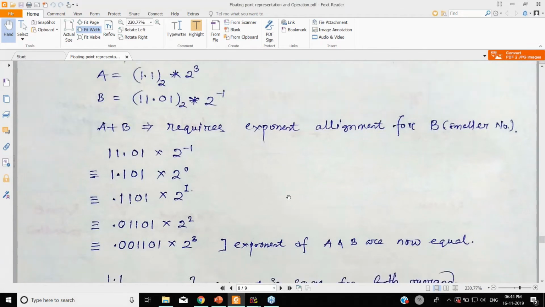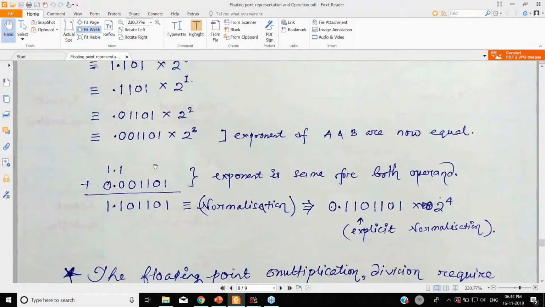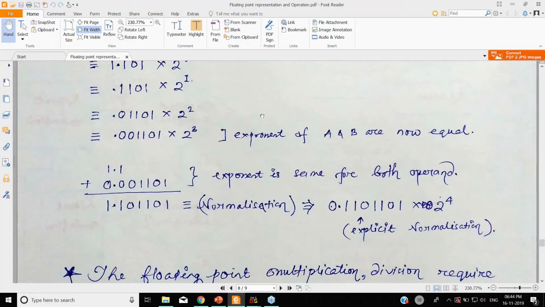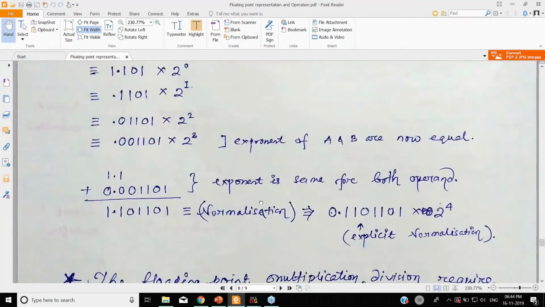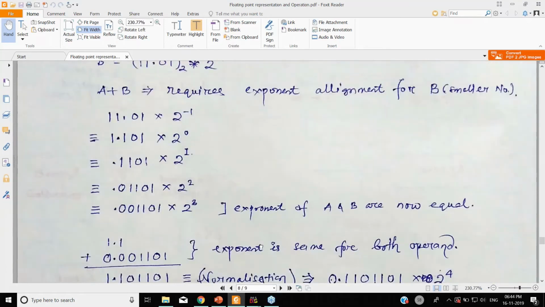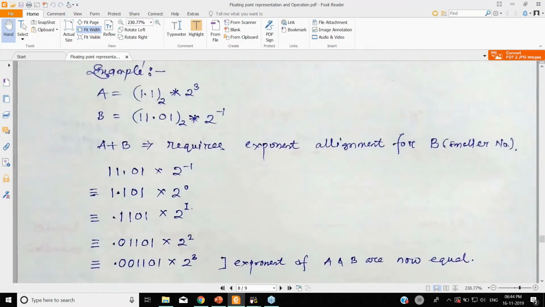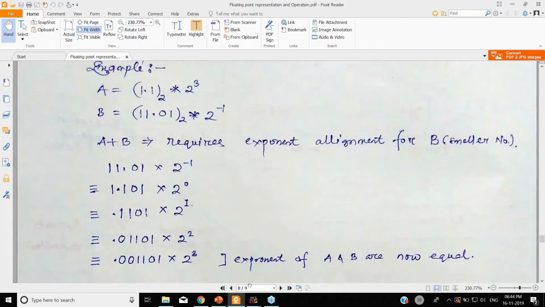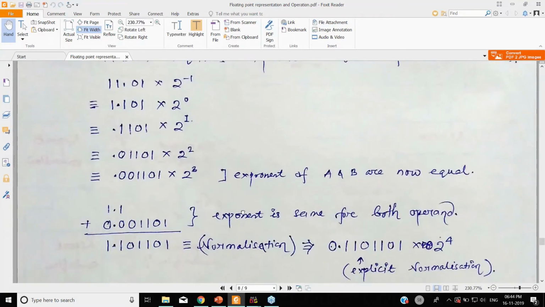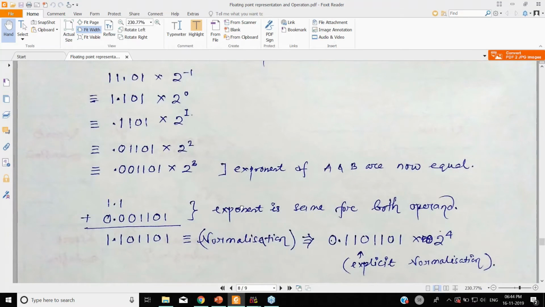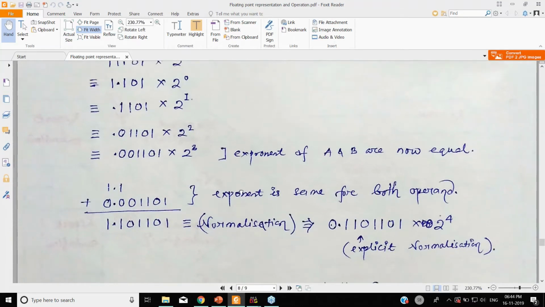So after doing that, you can directly, this is for explicit normalization.